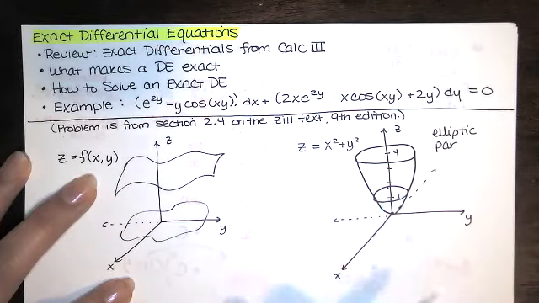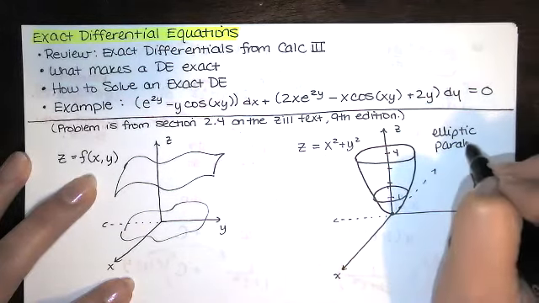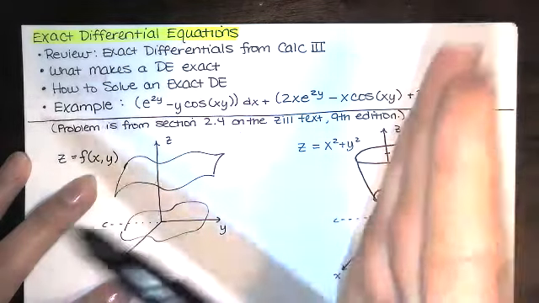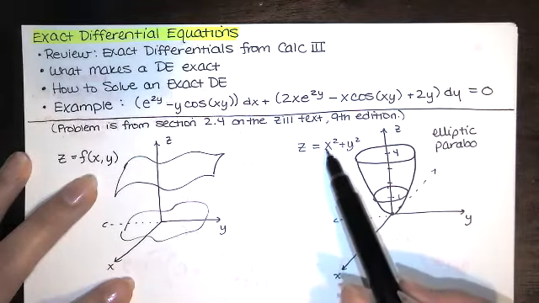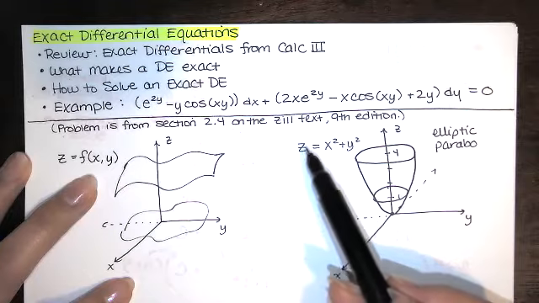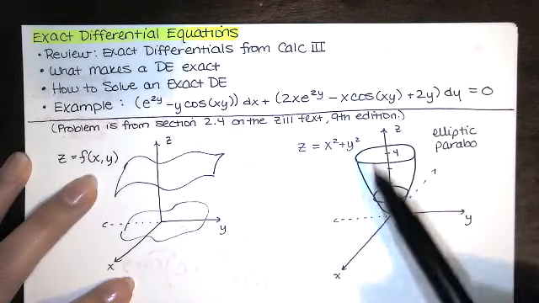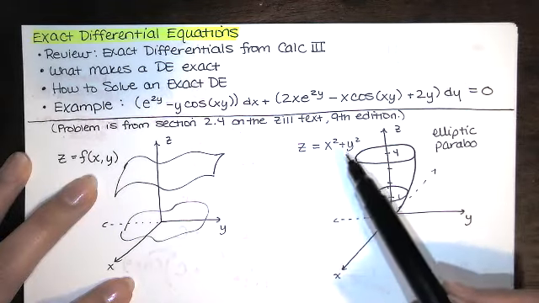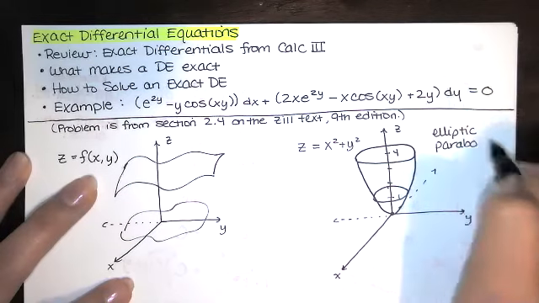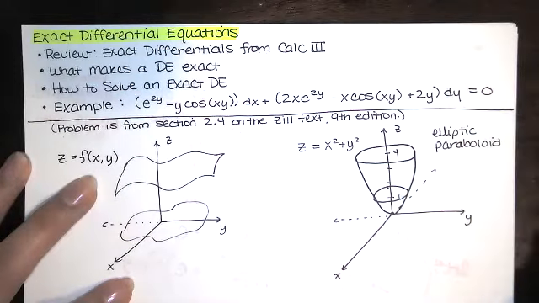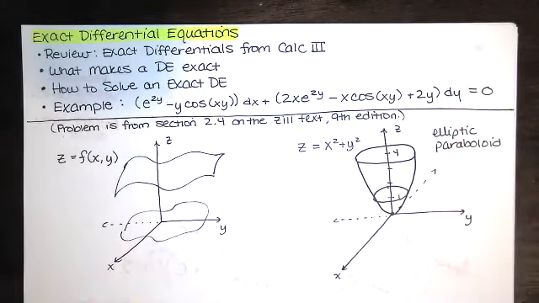They're actually circles for this particular example. And if we slice it other ways, if we let x equal a constant, then we get parabolas. The cross sections are parabolas. Or if we let y equal a constant, the cross sections are parabolas. So together, we call it an elliptic paraboloid.